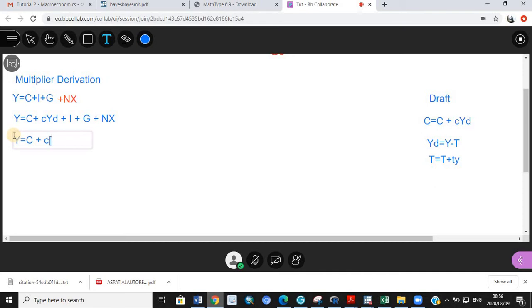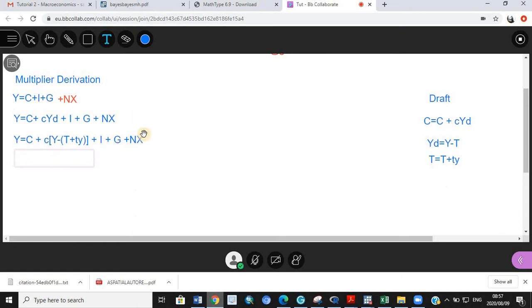We can say this should be equal to Y minus T plus TY, and we close the bracket, we close also the square bracket, and we say plus I plus G. And again, depending on the economy, we'll say plus NX. Very good.